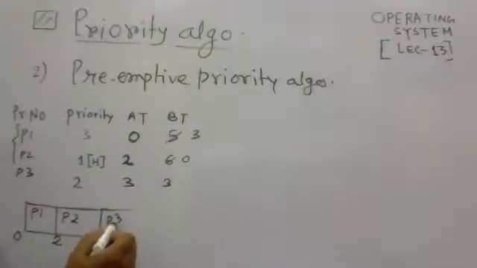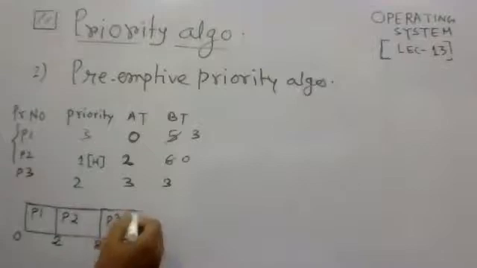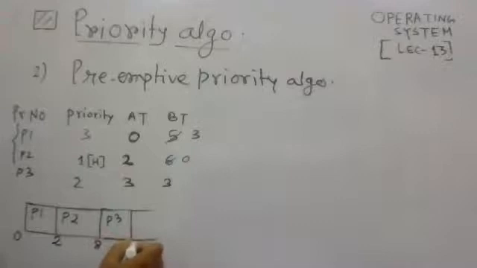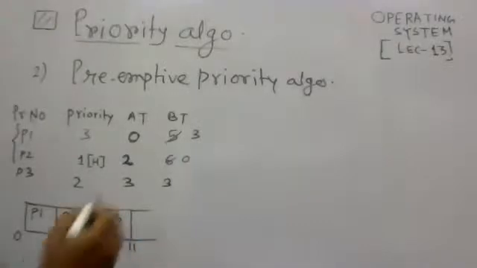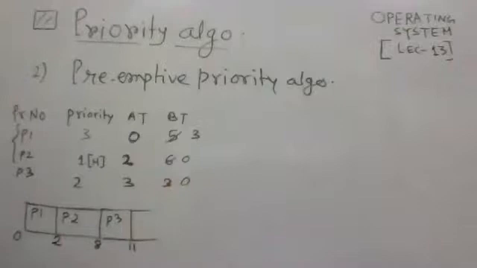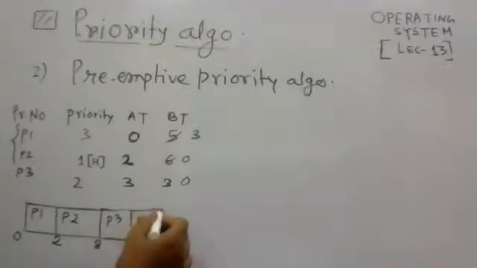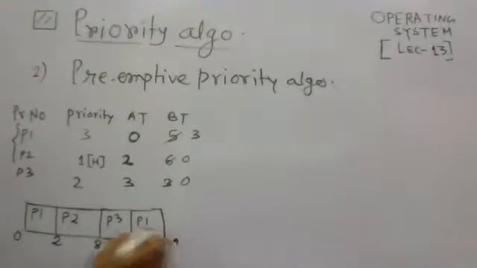The burst time of P3 is 3, so we schedule it for 3 units. 8 plus 3 is 11, so P3 is completed. After that we schedule P1, that is 11 plus 3, which is 14. So this is our schedule chart, the Gantt chart.